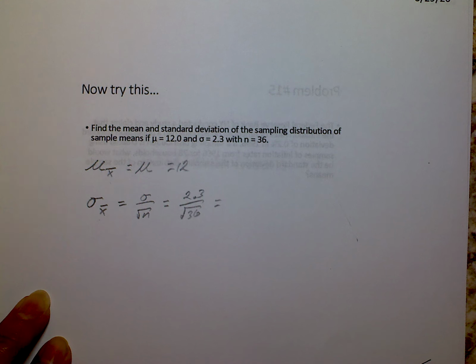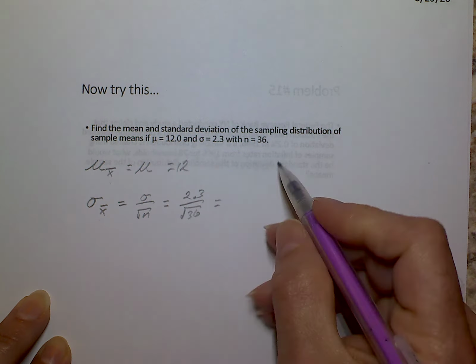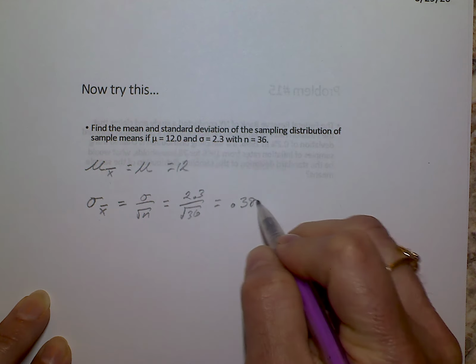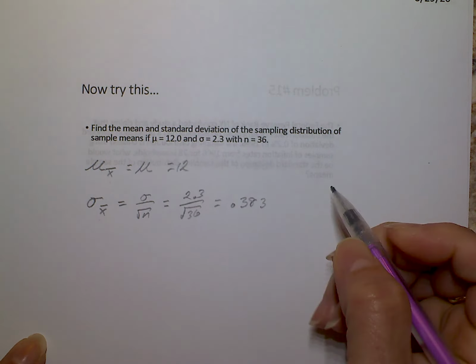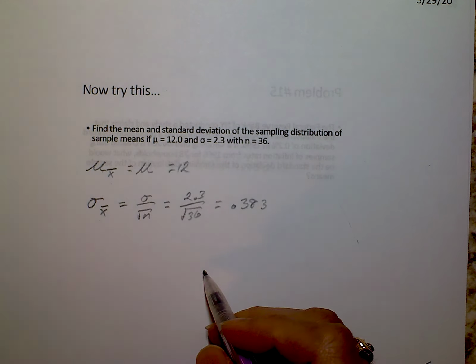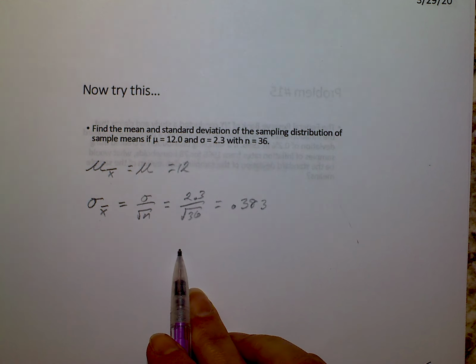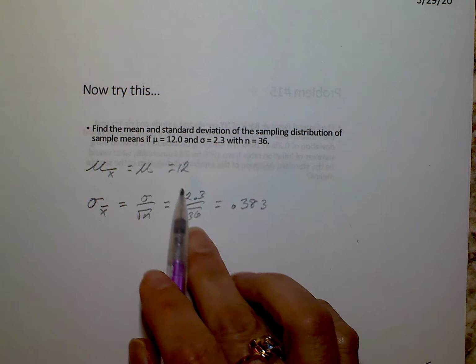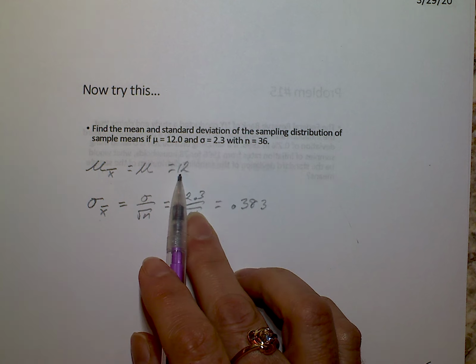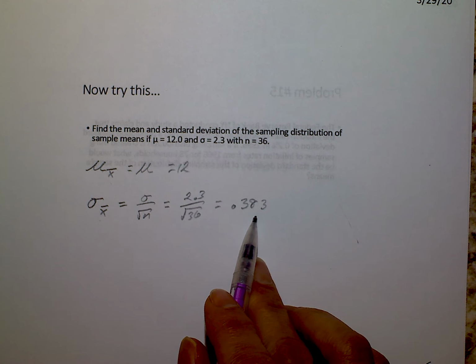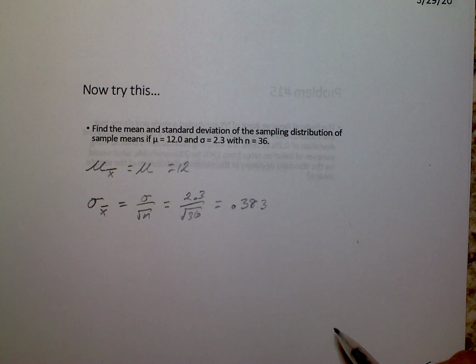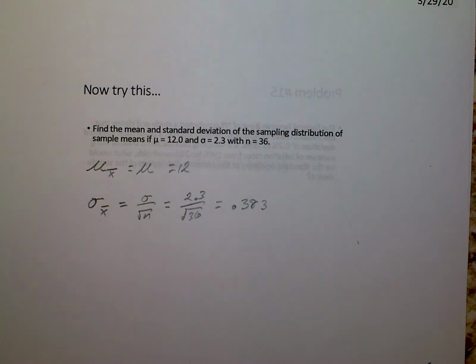So let's divide. 2.3 divided by 6 is 0.38. 3 repeating. We'll just tack a 3 on there, okay? So nothing horrible. That's all it wanted you to do. Find the mean of the sampling distribution and the standard deviation of it, okay? And it doesn't matter what our original one looked like. All right, I'm going to show you some examples in the next one.